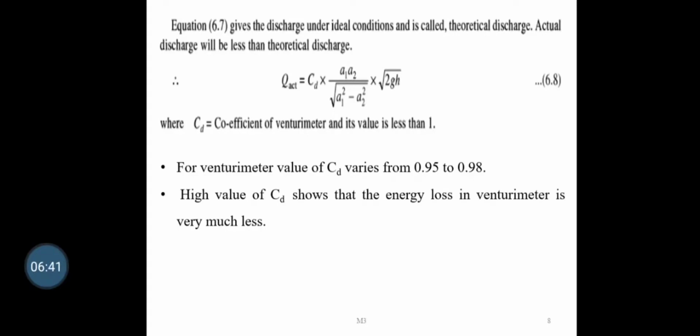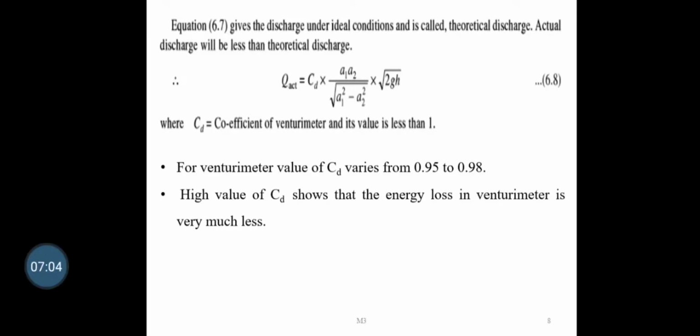So note that CD is the coefficient of discharge. Since it's used here in Venturimeter, it is known as coefficient of Venturimeter, and always this value is less than 1. In case of Venturimeter, usually the CD value varies between 0.95 to 0.98.